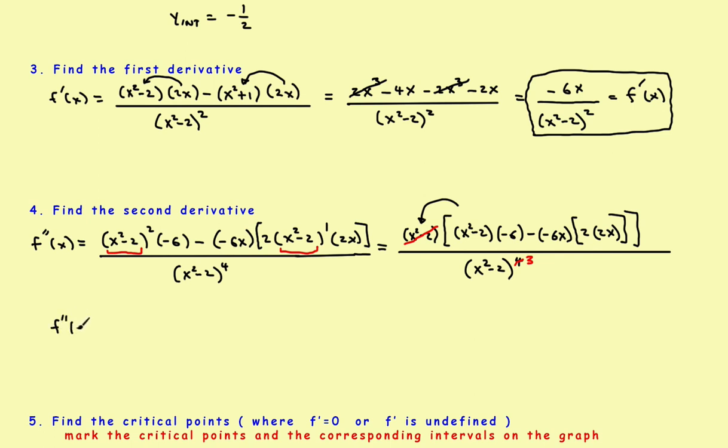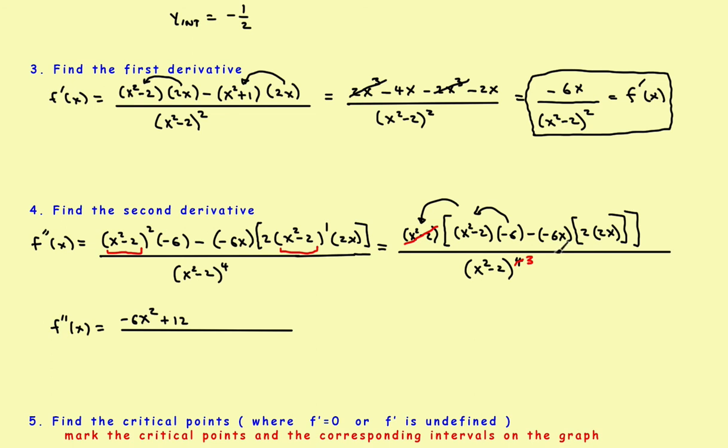So now the second derivative would be equal to, and we'll put a little bar across there. Now at this point, I'll go ahead and distribute this thing. So I'll distribute this negative 6. So this times this would give me a negative 6x squared. And then 2 negatives make a positive. That'll be plus 12.